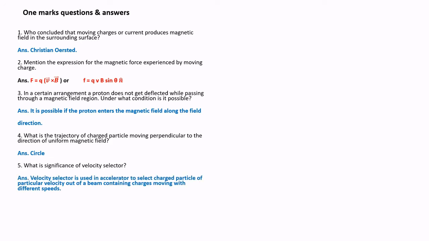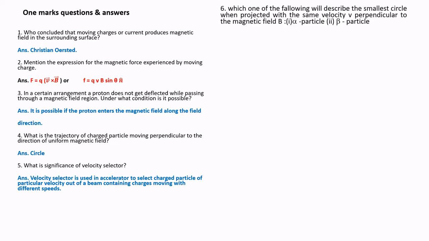Question number 5. What is the significance of a velocity selector? Answer. A velocity selector is used in accelerators to select charged particles of a particular velocity out of a beam containing charges moving with different speeds. Question number 6.